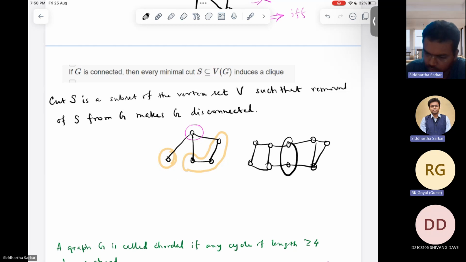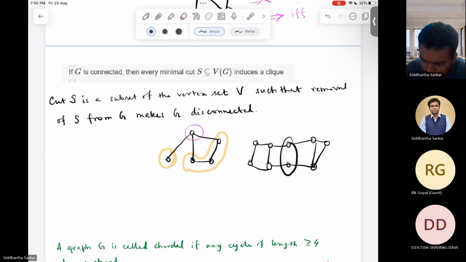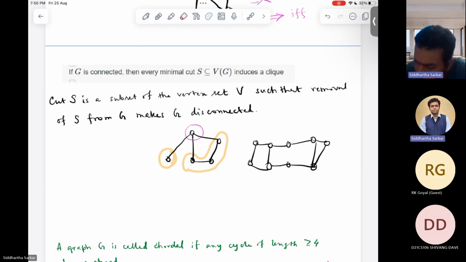So let us say this is a graph. Now I'll use a different color. In this graph, these two vertices, if you remove, then you are disconnecting the graph.